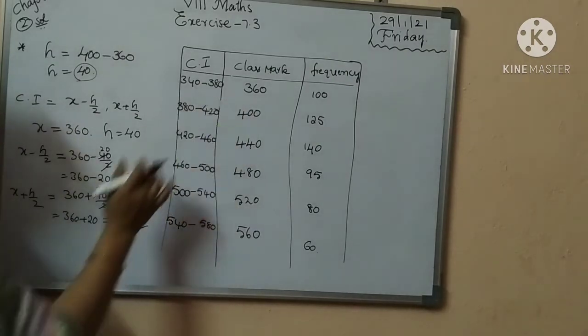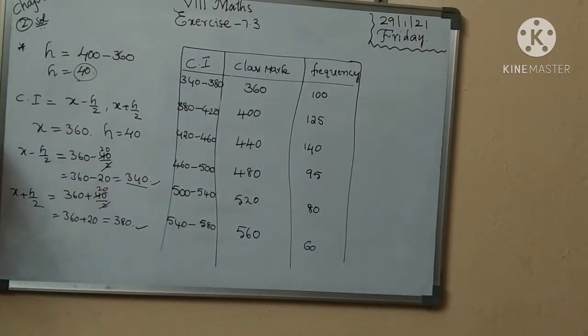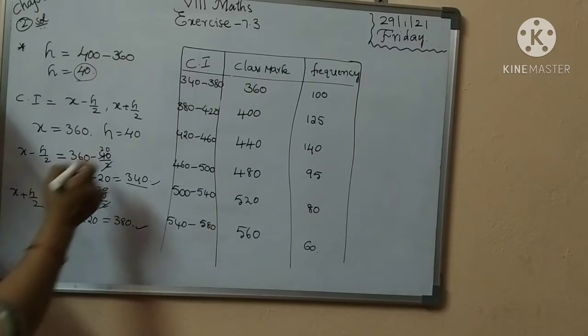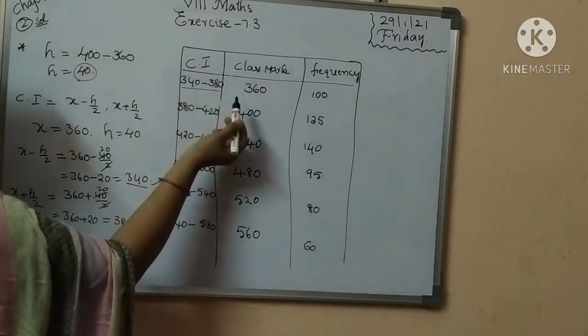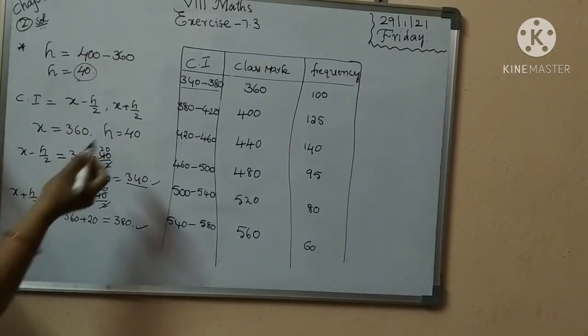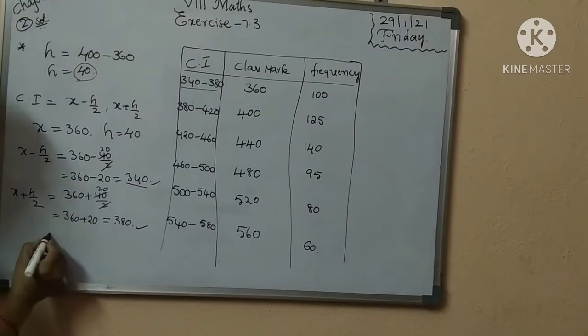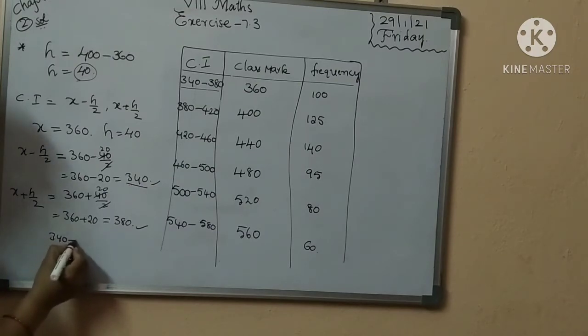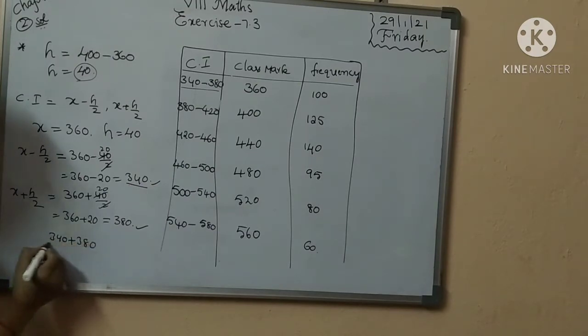How do we get the class mark or mid value from the class interval? It is the average of the class interval. For the first one, 340 plus 380 by 2.